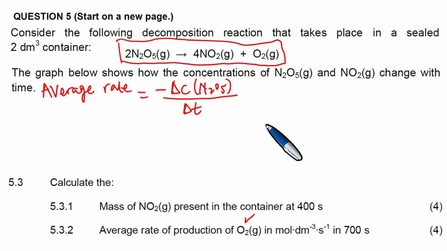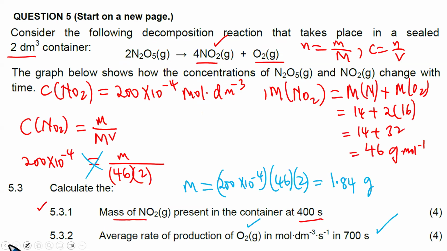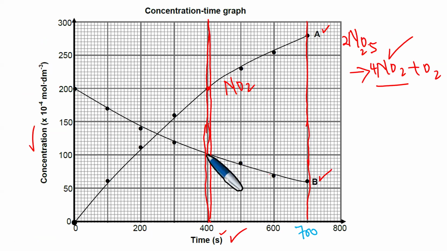Okay, that's a good question. Why is it negative? It is negative because, if you look at the change in concentration of N2O5, we're going to use 2 approaches to this. The graph appears to show a decrease, right?